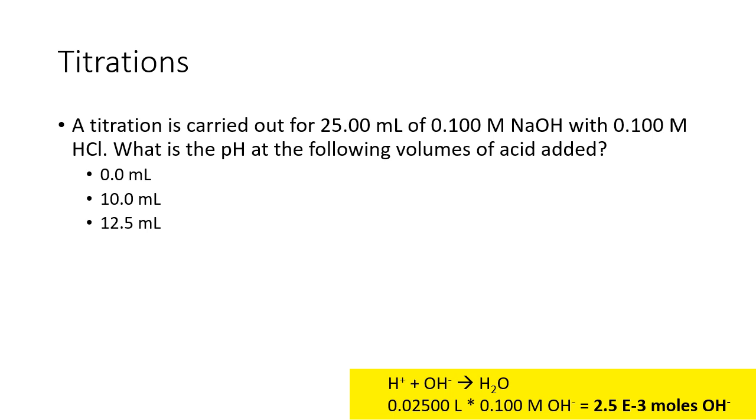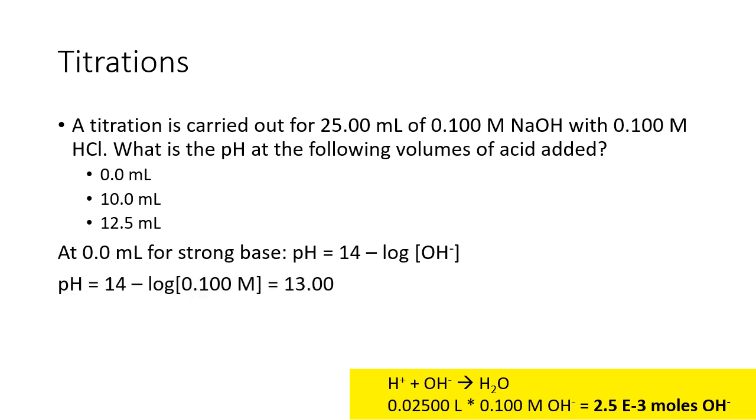The concentration of the NaOH is equal to the concentration of OH minus. So we can just use 14 minus log of OH minus, which gives us a pH of 13. We're starting this titration at a pH of 13.